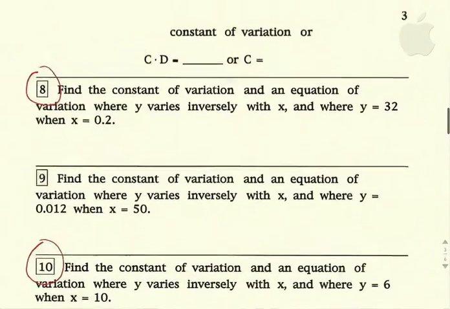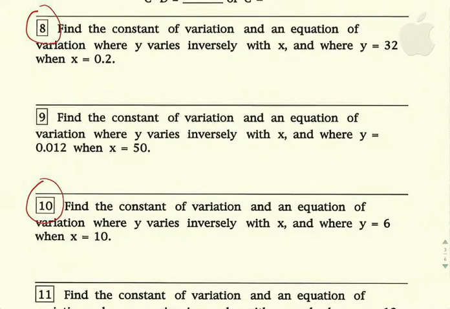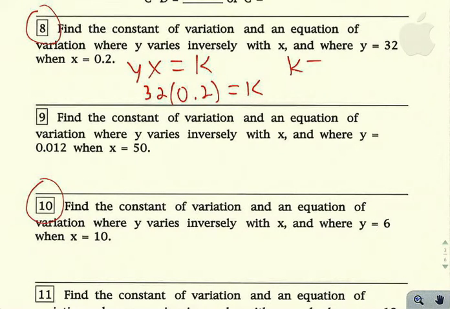Here we are, number 8. This time, y varies inversely with x. So y times x is k. Plug in y, plug in x, and that will give us k equals 6.4.